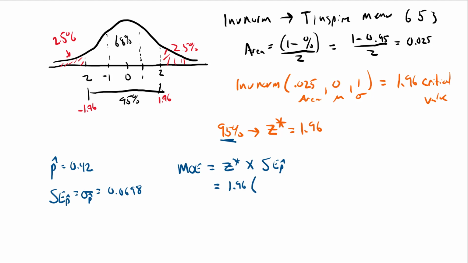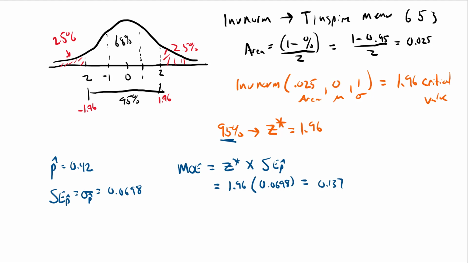And we're going to say our standard error in the p hat, which was 0.0698. So we should get the value of 0.137. So if we know that our point estimate is 0.42, we know our margin of error is 0.137.